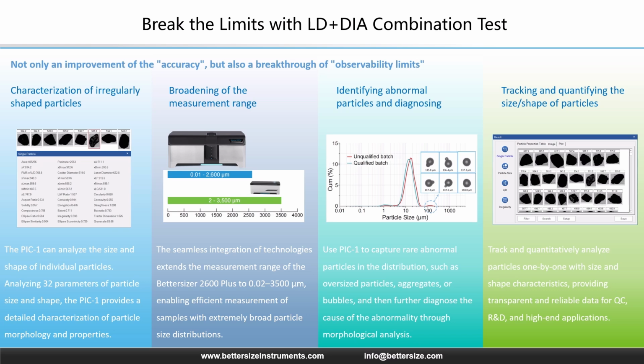The Bettersizer 2600 Plus does not just improve accuracy, it breaks this limit entirely. By integrating dynamic image analysis, we stop estimating and start measuring 32 distinct morphology parameters, including circularity and surface roughness, to capture the true nature of the sample.